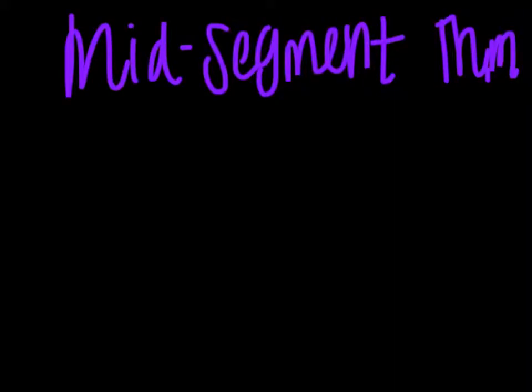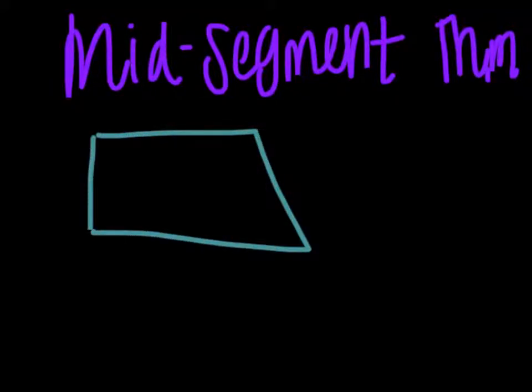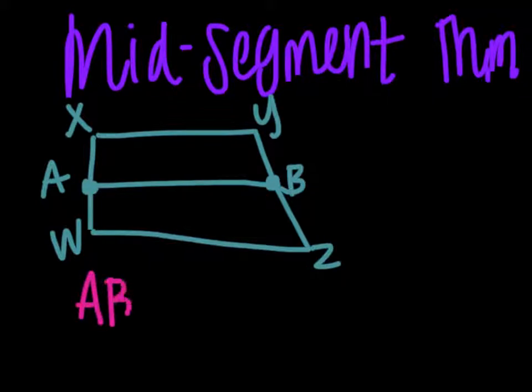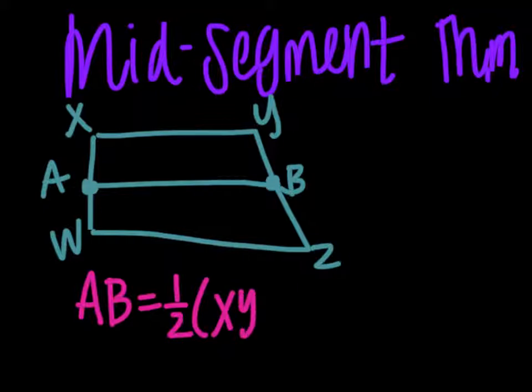The last concept that we need to talk about is the mid-segment theorem, and the mid-segment theorem has to do with any trapezoid, and it says that the mid-segment, if this is AB, this is X, W, X, Y, and Z, then AB is equal to half of XY plus WZ.